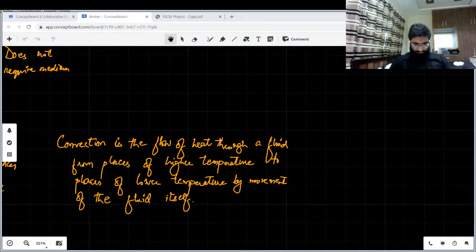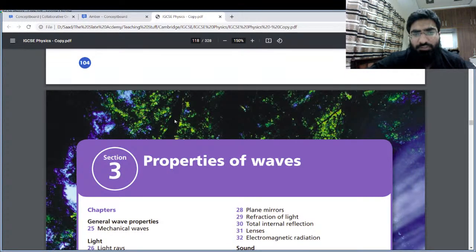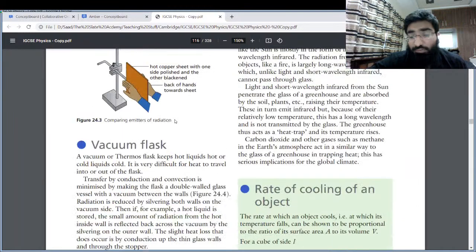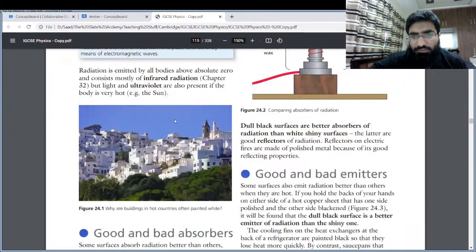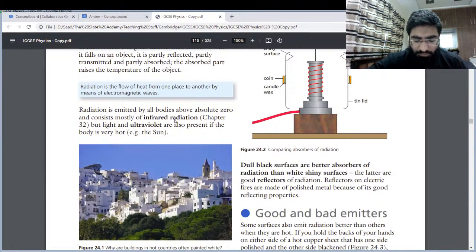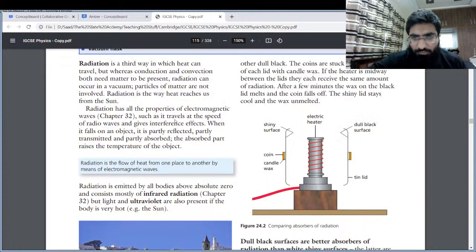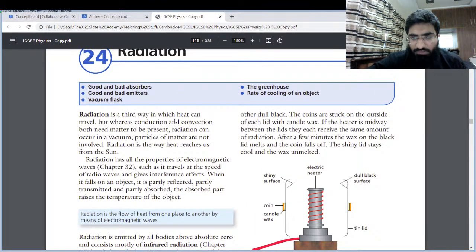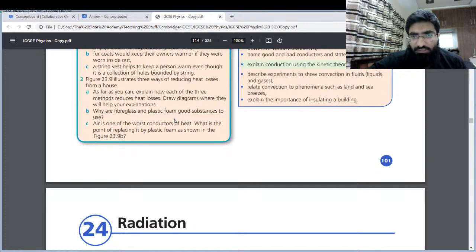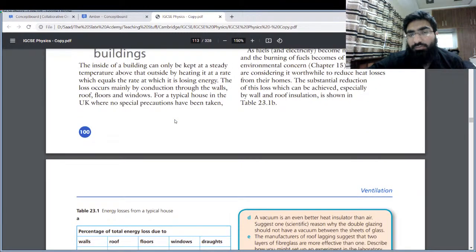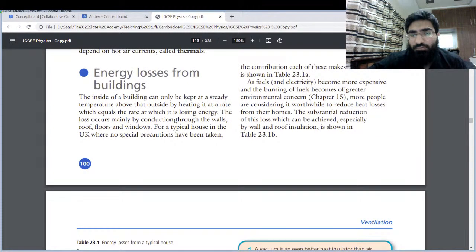To understand convection, first of all, as we said, conduction is the mode of transfer of heat mainly in metals. Convection works for fluids, which means both liquids and gases.